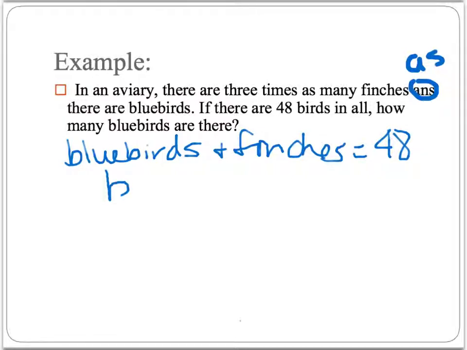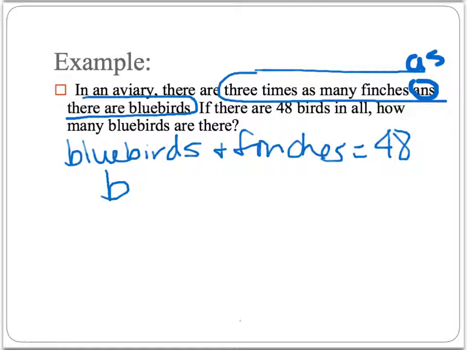I don't know how many I have of either one, but if I say there are B bluebirds, and according to this there are 3 times as many finches as bluebirds, that means finches would be 3 times B. So here I've got 1B plus 3B equals 48.